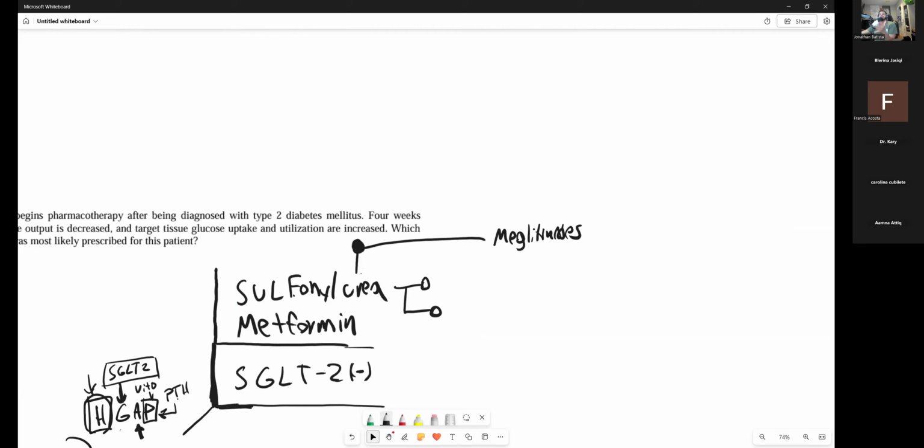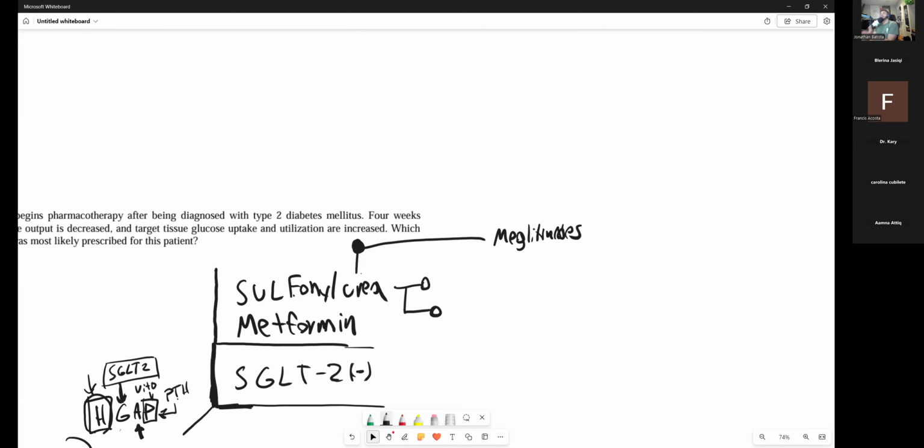I'm sorry, it depends on the excretion. So let me be very clear. Metformin is supposed to be kicked out by the kidneys. If your kidneys are not functional, with an increase in creatinine, then you cannot kick it out. If you cannot kick it out, it'll cause lactic acidosis. So that's one issue it can cause.